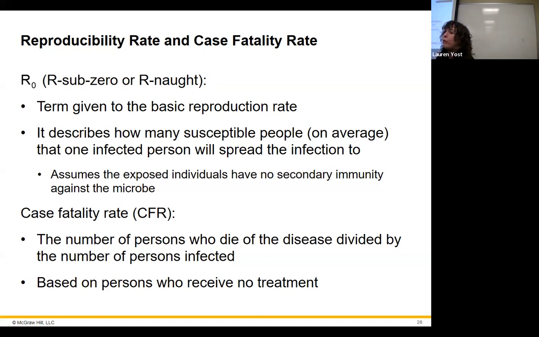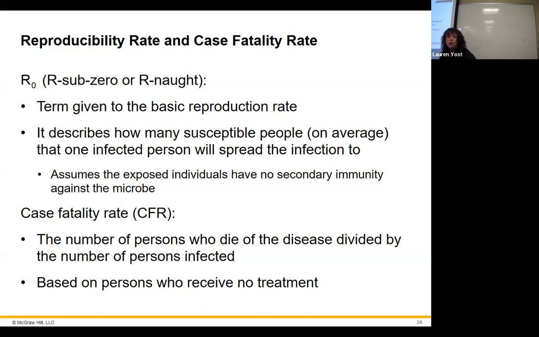And that's going to be different for everything, right? So each new pathogen that we're talking about will have a different R naught, how many people you're likely to infect. Some of them are very, very high. Some of them are not. I don't know the R naughts for measles, but I know it's very high. I know that COVID, depending on the strain, is like 3 to 5, somewhere in there.